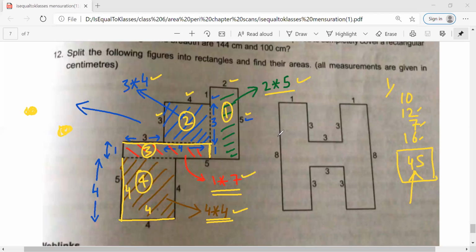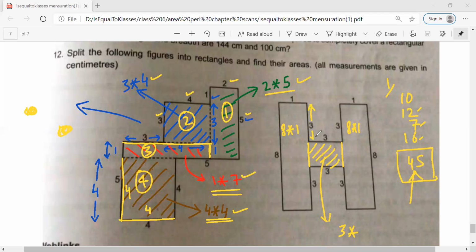So for example, in this figure also, let us try to understand how we can do. I can join these two. I'll have 3 rectangles. This would be 8 into 1. This again would be 8 into 1. Any doubt? No, sir. And this would be 3 into 3.